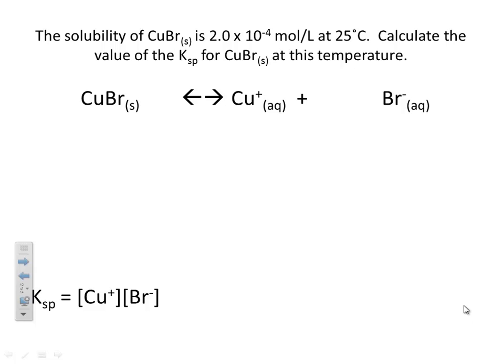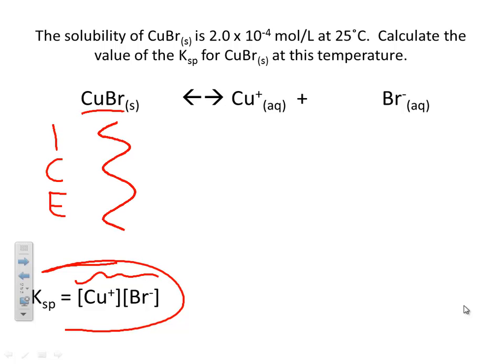So to start with, it's important to have the law of mass action, and I have that written down here. As you can see, I did not include the solid, which is up here, because we never do. And so therefore, the KSP, our solubility product constant, is the product of our two ion concentrations. So let's start off by doing an ICE box. I'm going to write ICE here on the side.